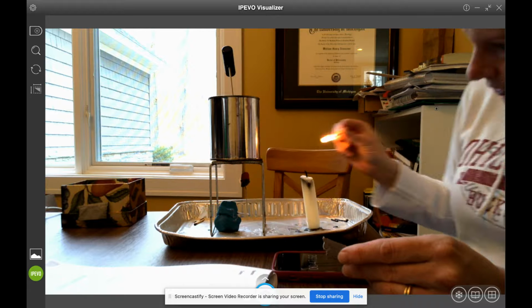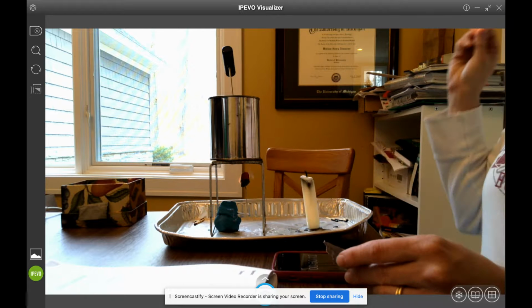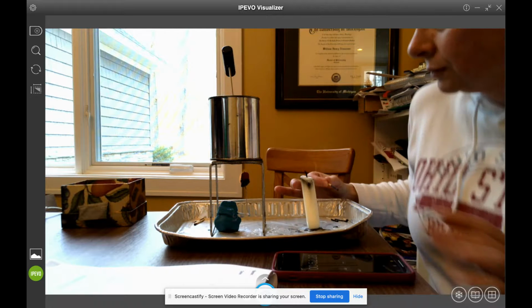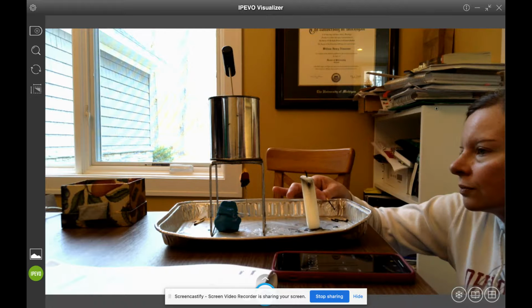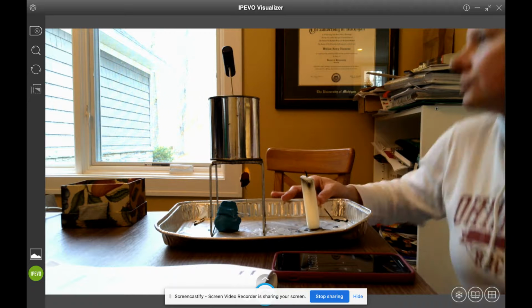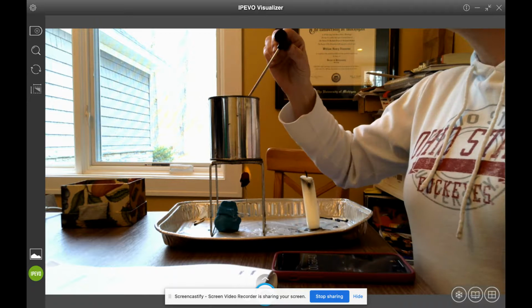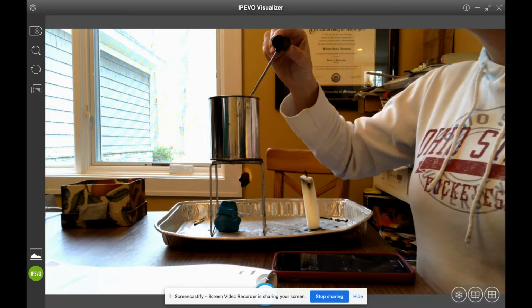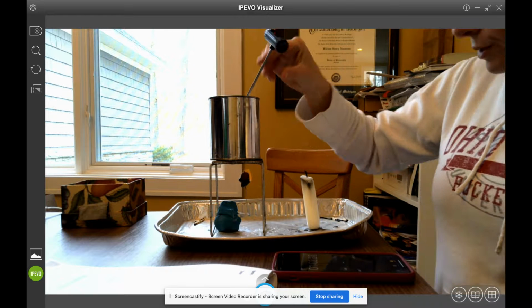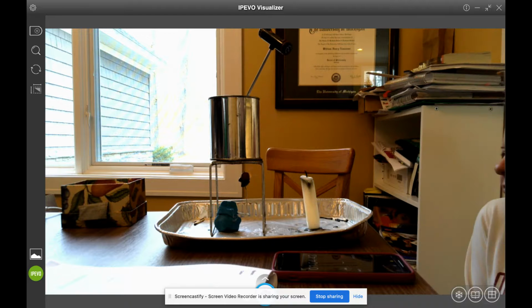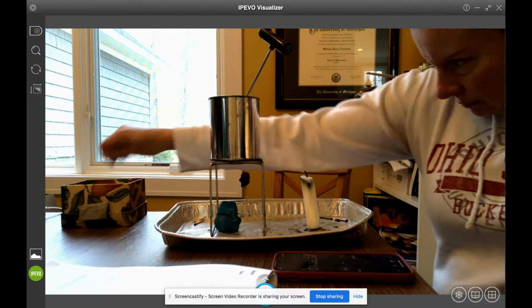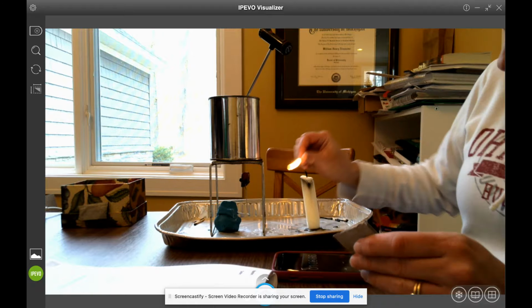Is it on fire? Yes, it is. So we're up to about 22.4, so it only rose about a degree so far. It keeps going out, doesn't it?